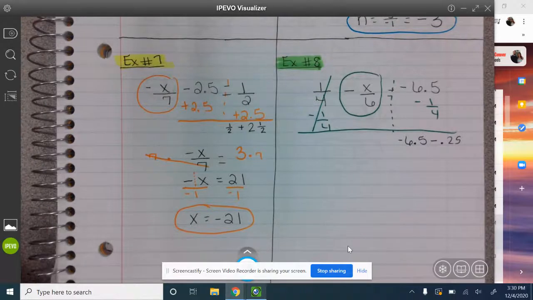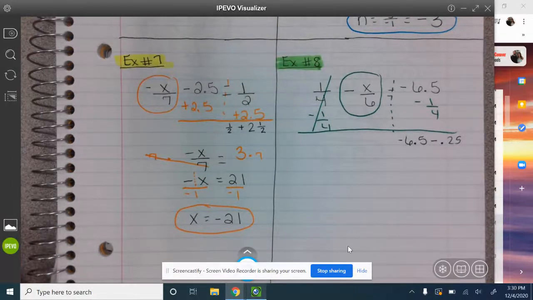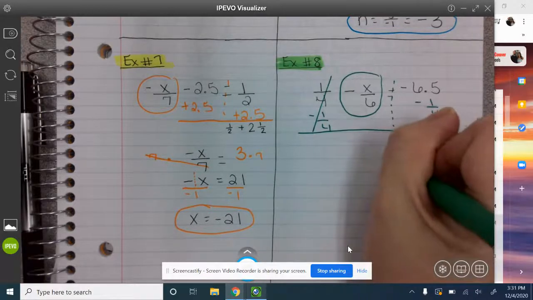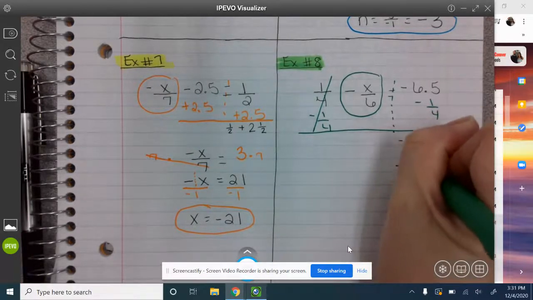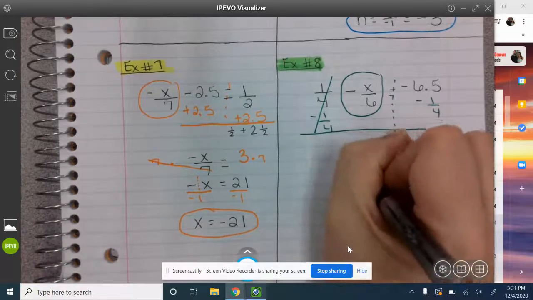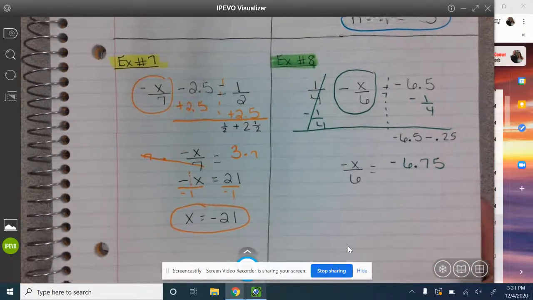So negative 6.5 minus 0.25 will give me negative 6.75. So negative x divided by 6 equals negative 6.75.